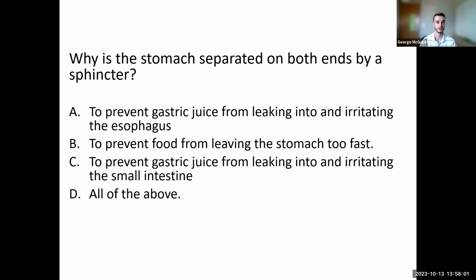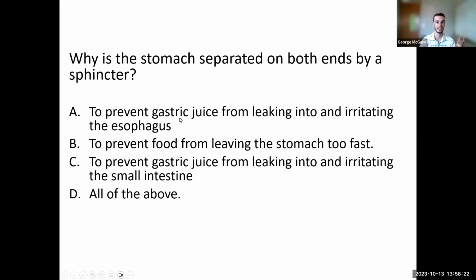The sphincters also help prevent food from leaving the stomach before that mechanical and chemical digestion has happened. We need that to occur before it can get into the small intestine and finish its digestion with the enzymes present there. And then C, to prevent gastric juices from leaking into and irritating the small intestine.